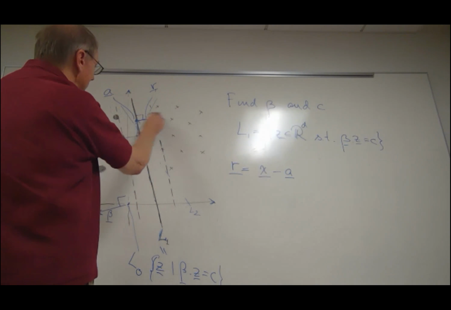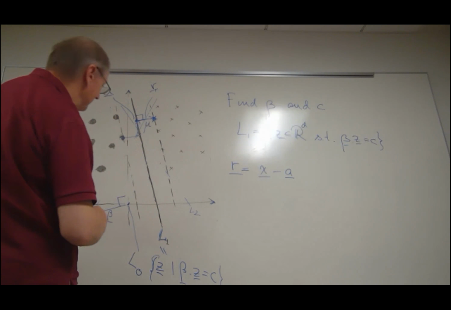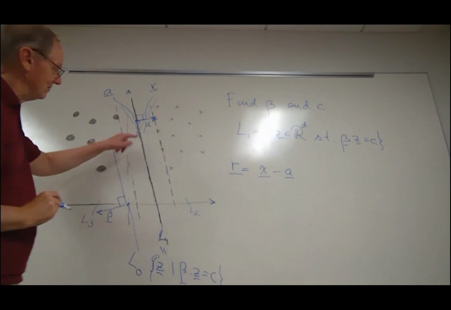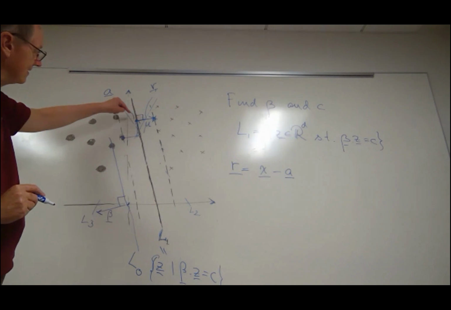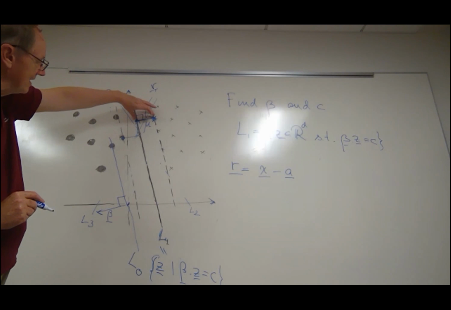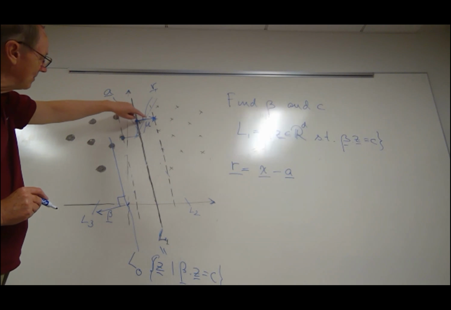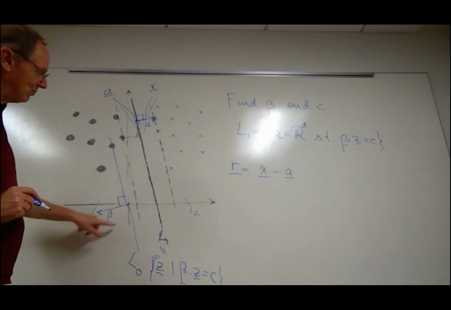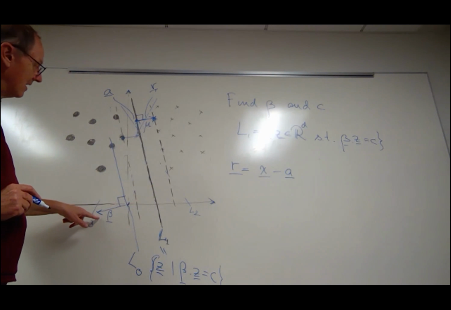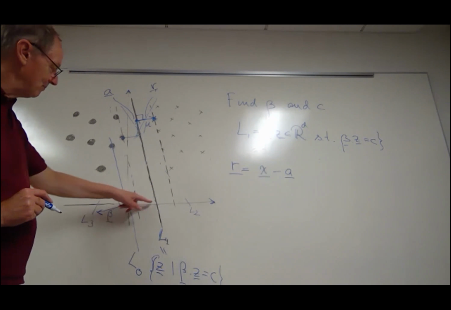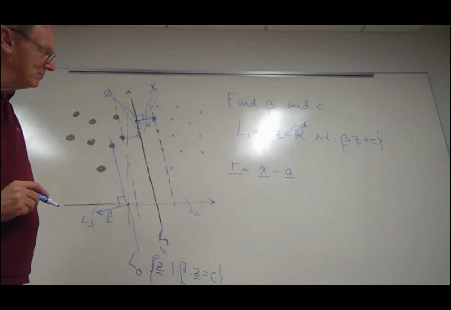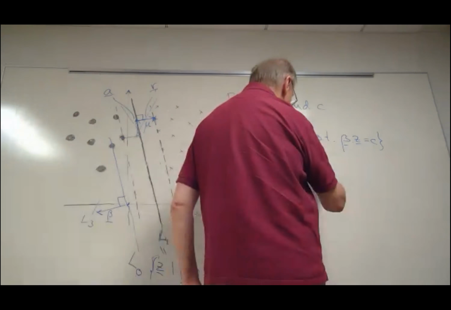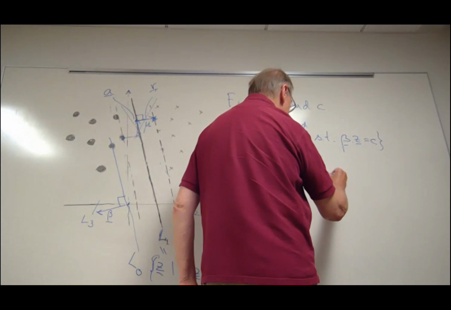Well, this vector is perpendicular to this line here, right? It's a perpendicular distance, so it's perpendicular to the line. Now beta is also perpendicular to this line. So they're both perpendicular to the same line. That means they must be parallel. So r must be parallel to beta.